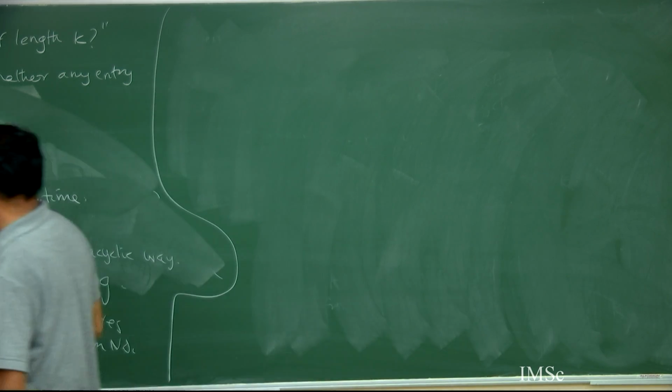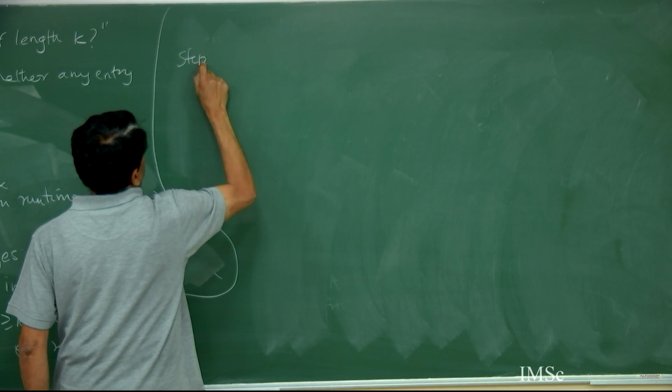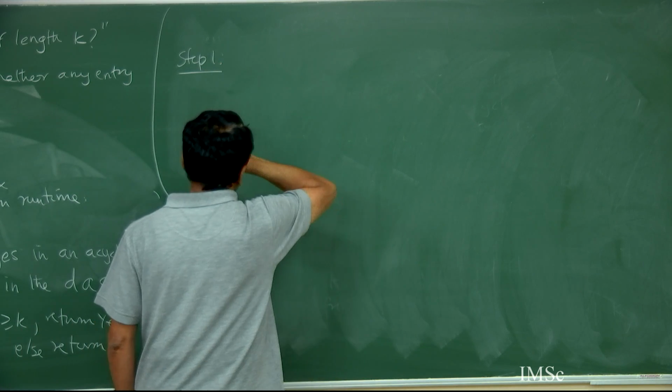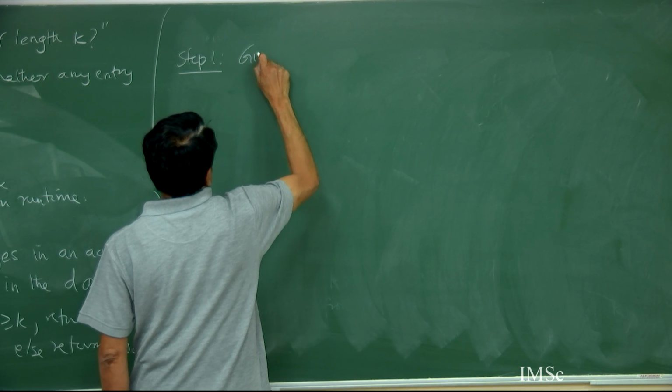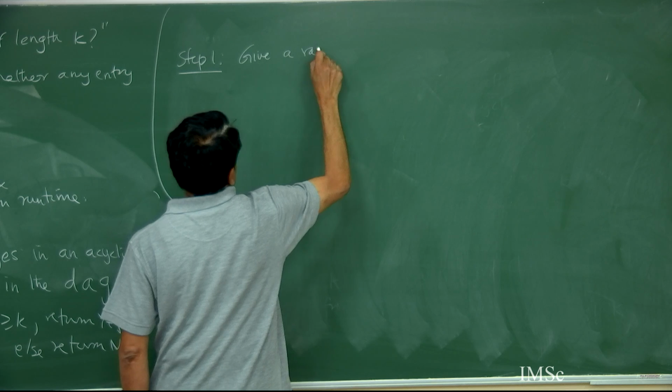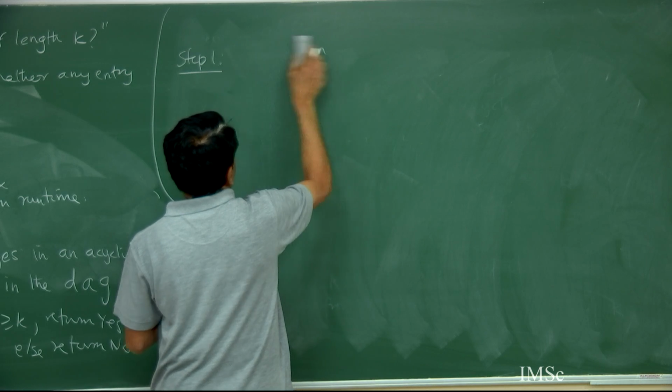So step 1: randomly permute the vertices.